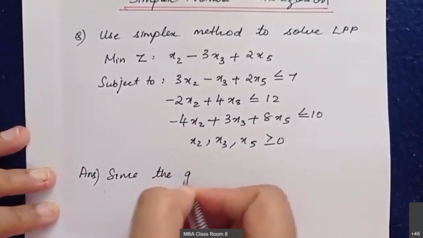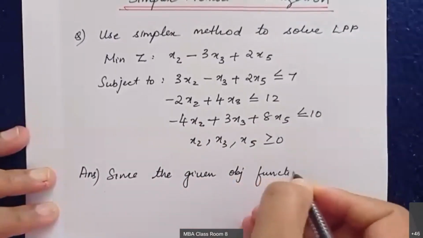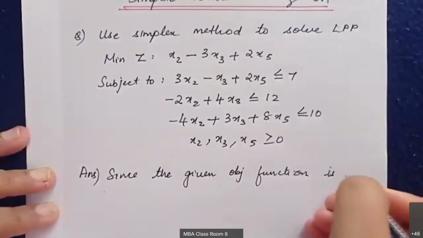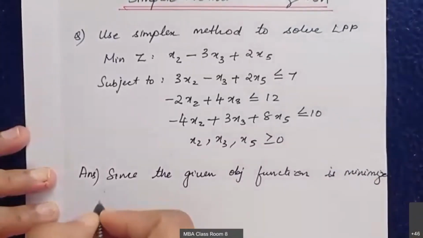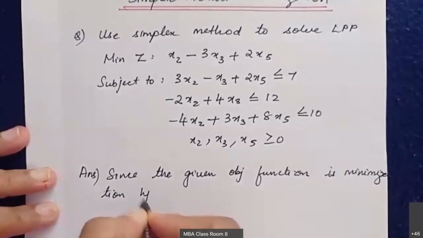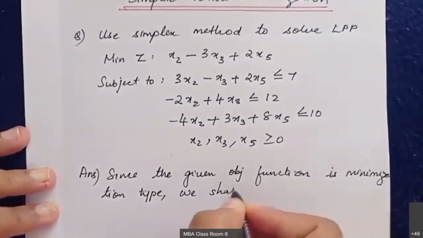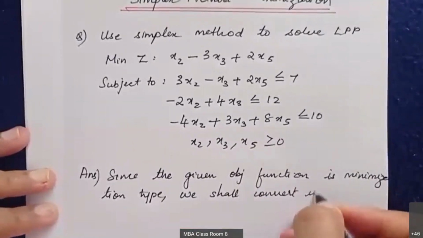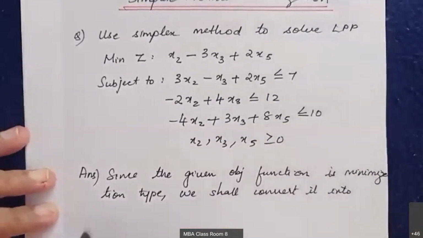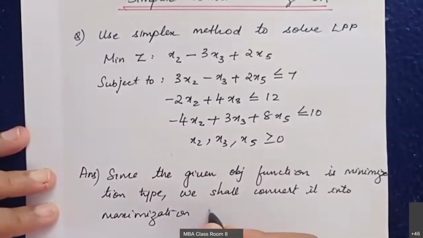Since the given objective function is minimization type, we shall convert it into maximization type.